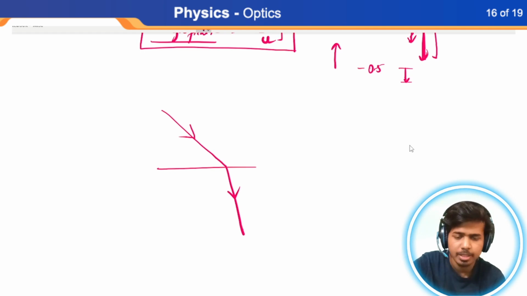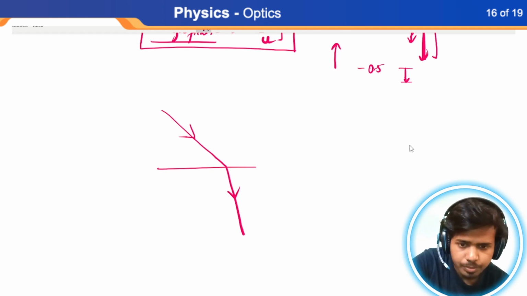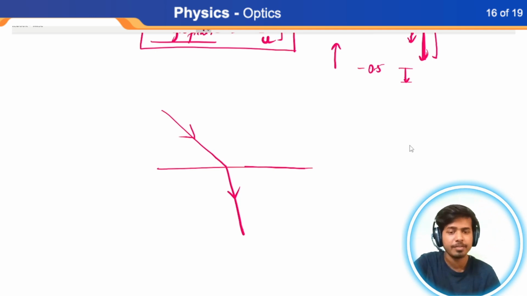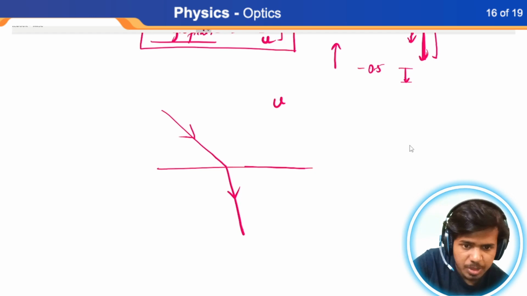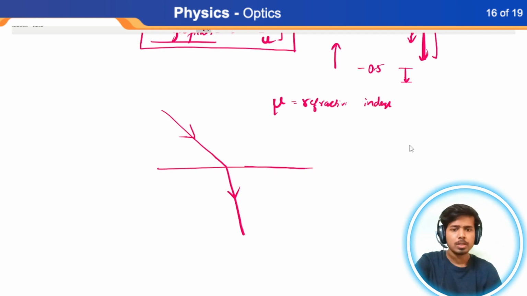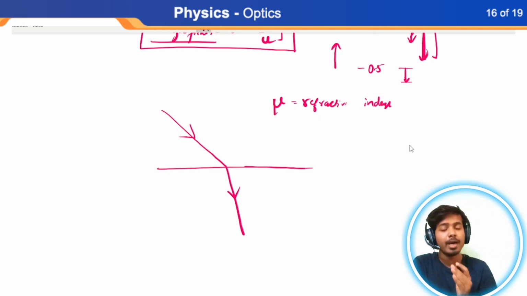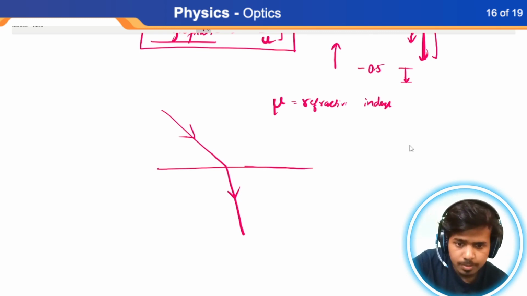It might happen something like this. Based on what? The number is called optical density, or refractive index, mu. The more the refractive index, the more it will bend towards the normal.